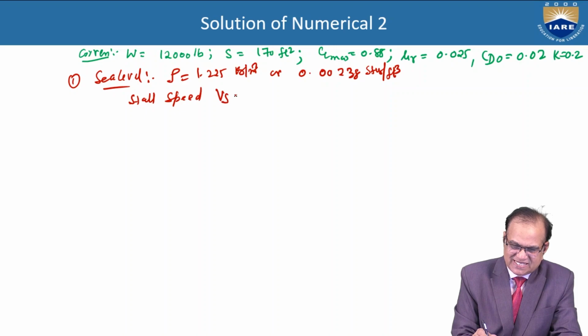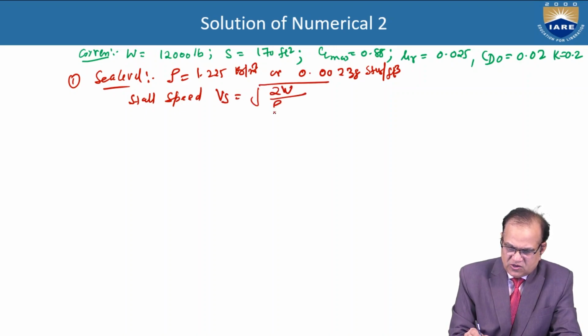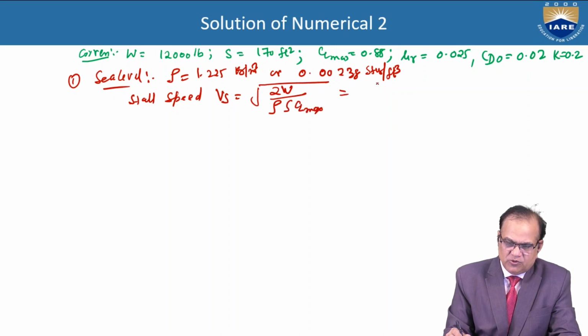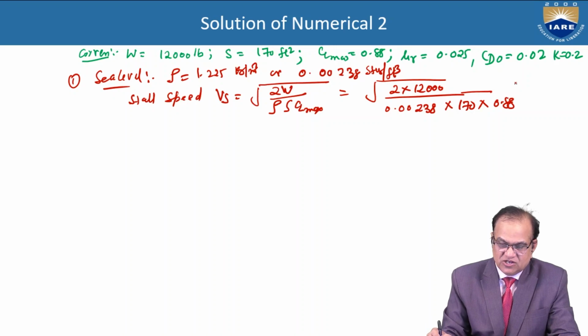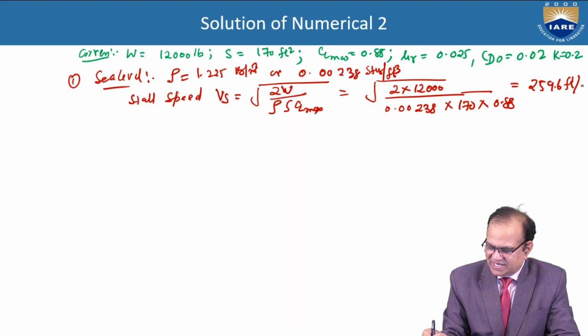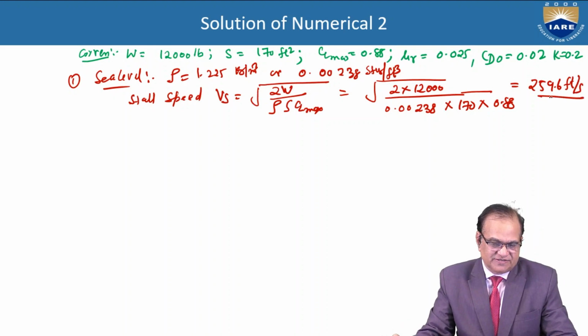Stall speed Vs is equal to the square root of 2W by rho S CL max. Here W is given, so 2 into 12,000 divided by 0.00238, S is equal to 170 feet square, and CL max 0.88. So you will get 259.6 feet per second.